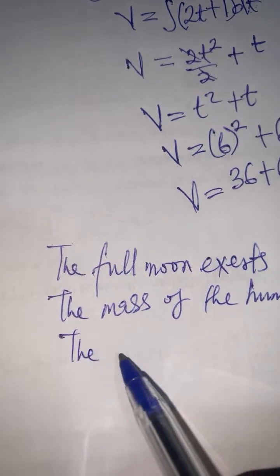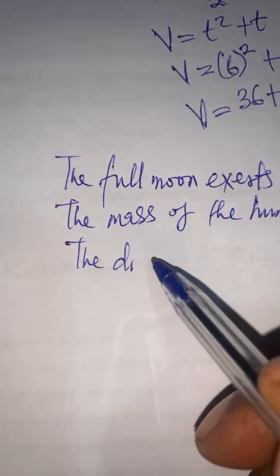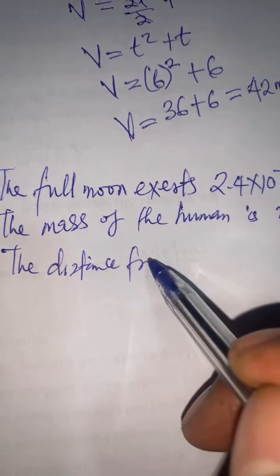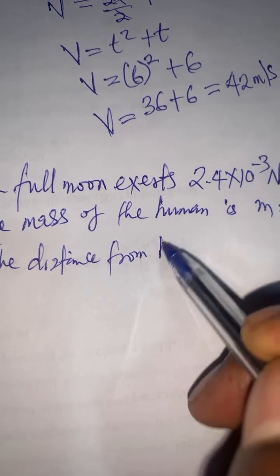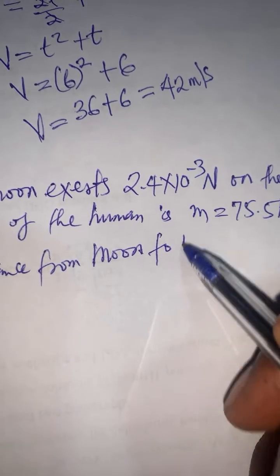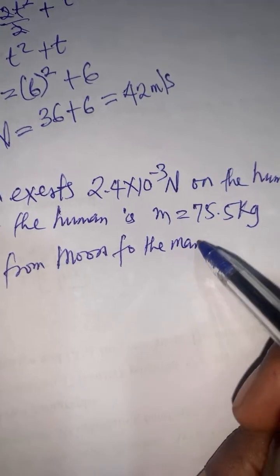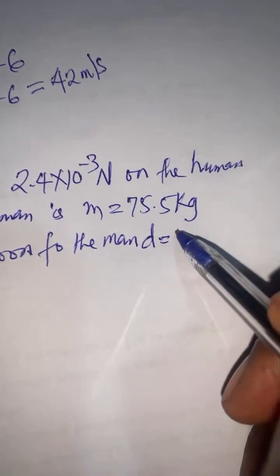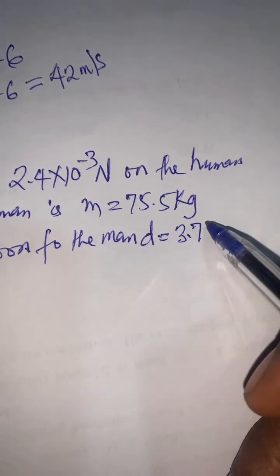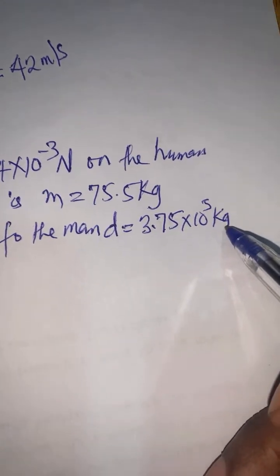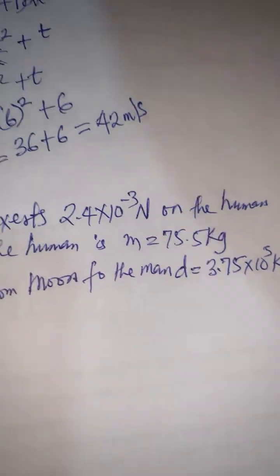Also, the distance from the moon to the man, maybe you can use D or you can use r, is given as 3.75 times 10 to the power of 5 kilometers. Is it kilometers? Let me cross check that.